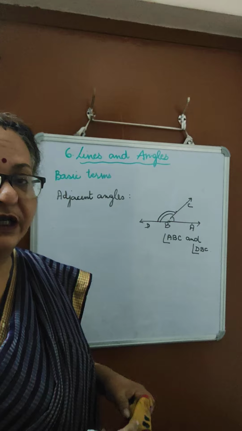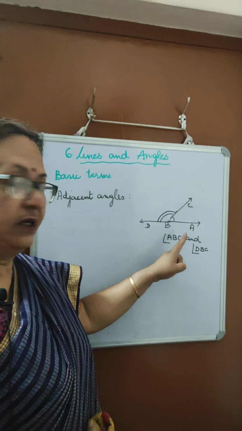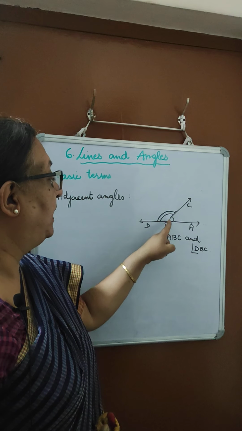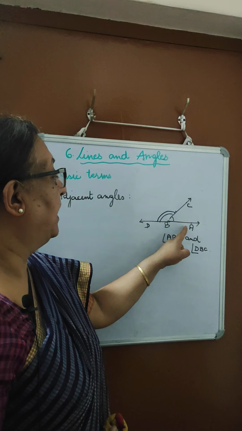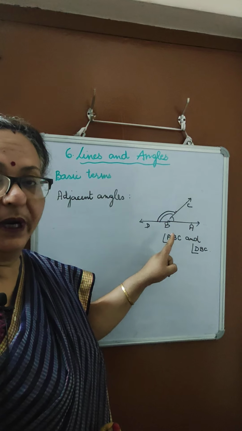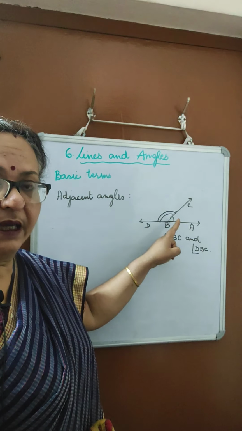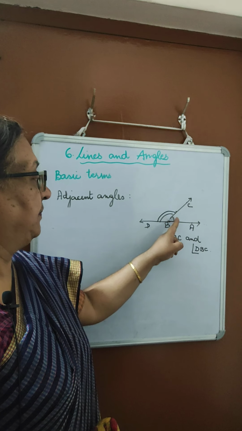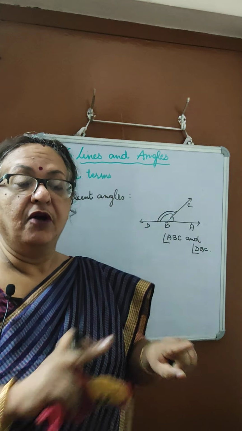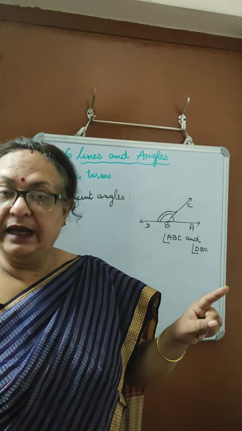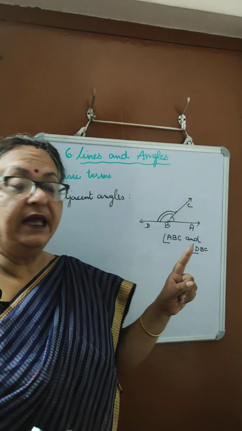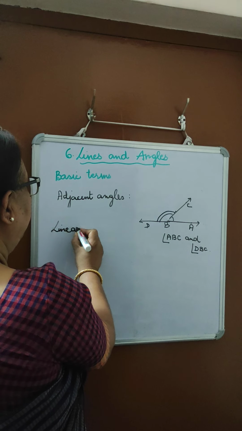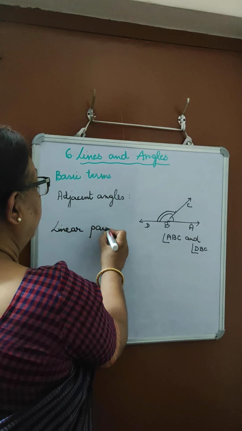Are they adjacent? Yes, they are adjacent because these two angles have a common vertex, they have a common arm, and the non-common arms are on different sides of the common arm. They are adjacent angles. If in two adjacent angles the non-common arms form a straight line, then they form a linear pair.